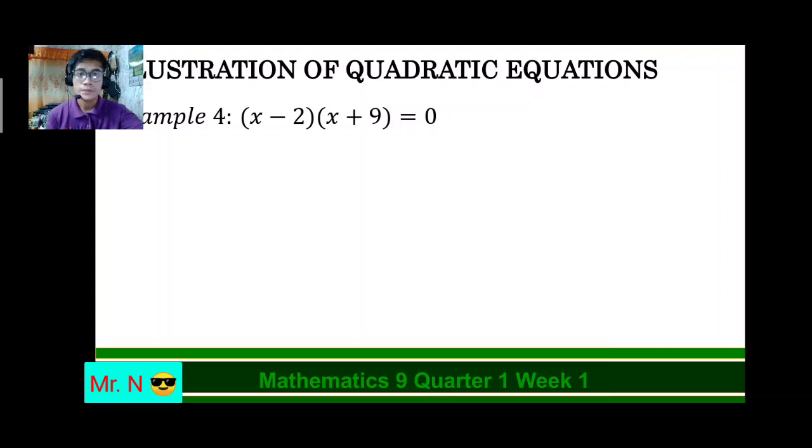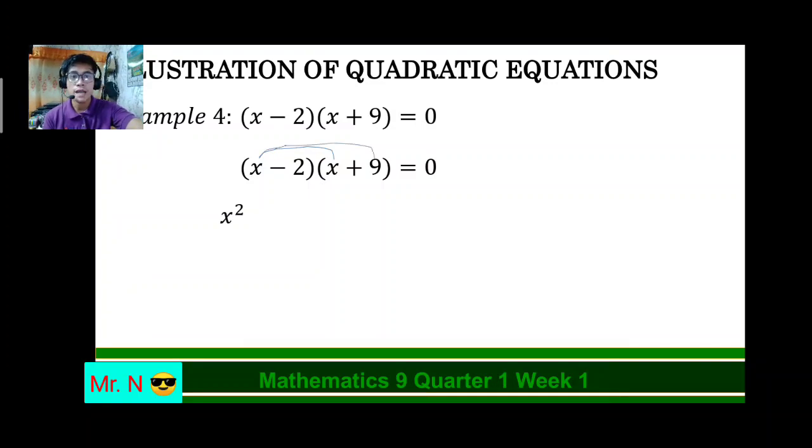So, to simplify, we're going to multiply the two binomials, x minus 2 and x plus 9. Using the FOIL method, we have x times x, x squared, and then x times 9, that is positive 9x, and negative 2 times x, that is negative 2x, and negative 2 times 9, that is negative 18. Okay? Multiplying unlike sign integers, the result is always negative. Is equals to 0.